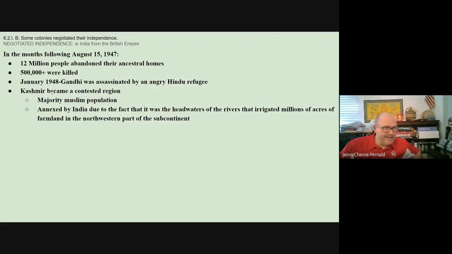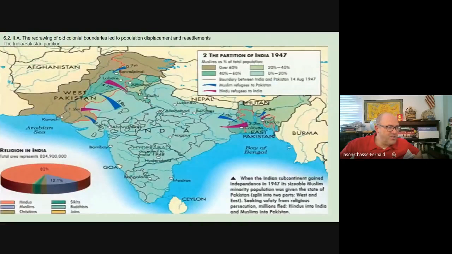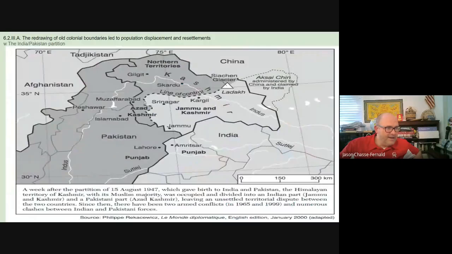And of course, Kashmir becomes, if partition itself was a humanitarian crisis, the dispute over Kashmir is something that has perpetuated the tension.